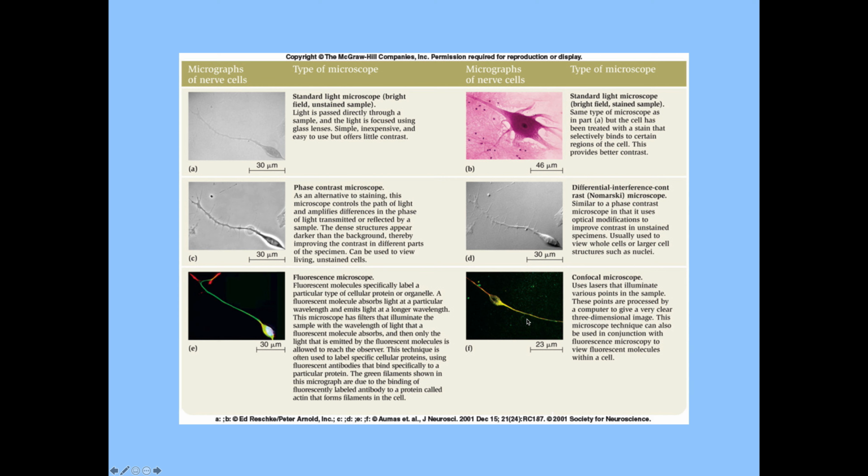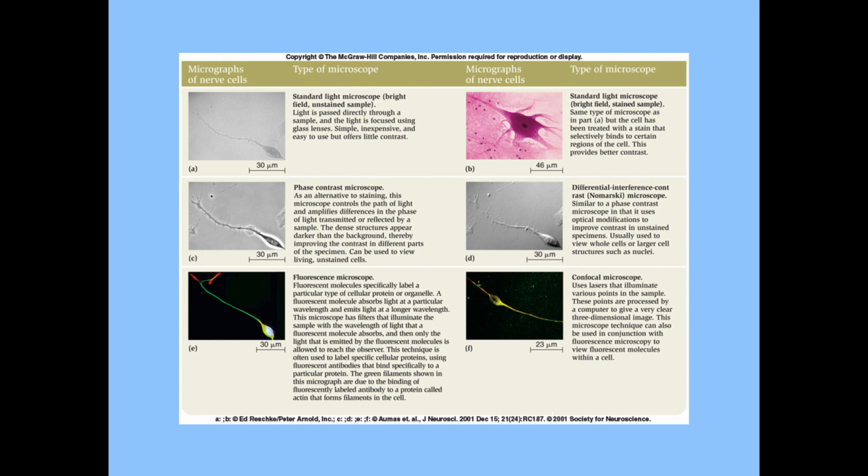And then down here in the bottom right, F is a confocal microscope. Confocal uses lasers. They illuminate different parts of the cell differently, and all of these different reflections are caught on a sensor in the camera and then sent to a computer. The computer puts all of these images together and gives this three-dimensional type image.